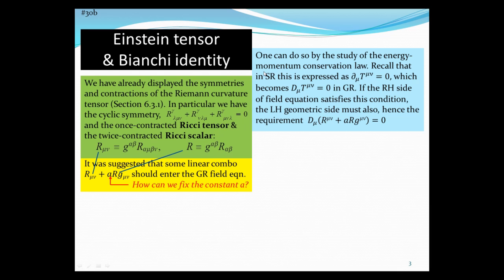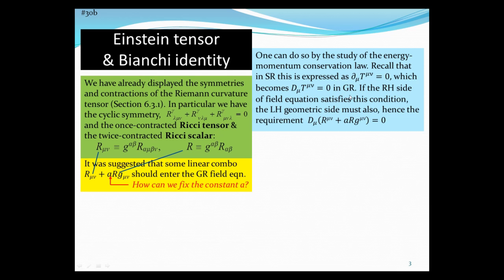Basically, Einstein suggests we can use the energy-momentum rule. Remember, in special relativity, the energy conservation for a field system can be expressed as the divergence of the energy-momentum tensor vanishing, which of course becomes the covariant divergence, so we say T mu nu must be covariantly constant.